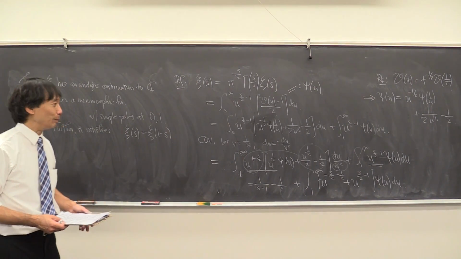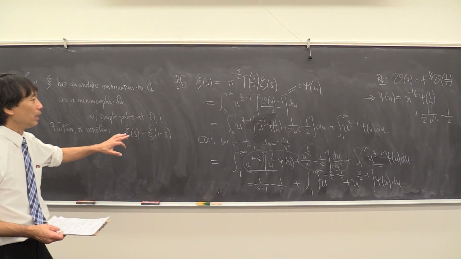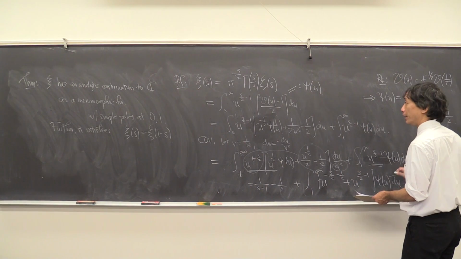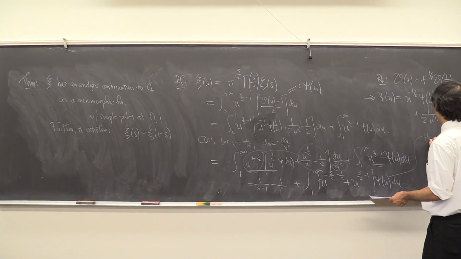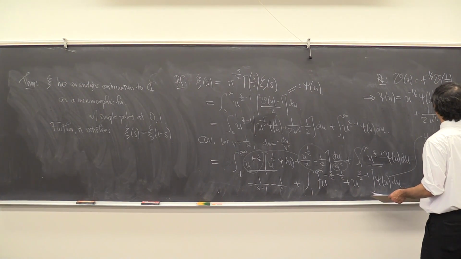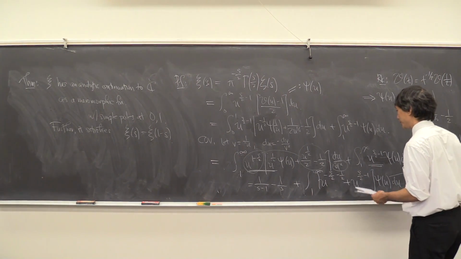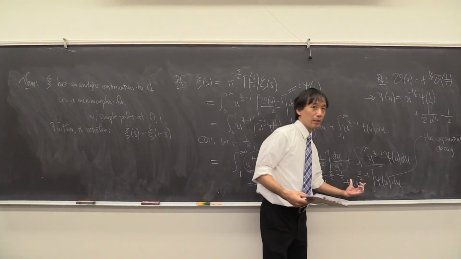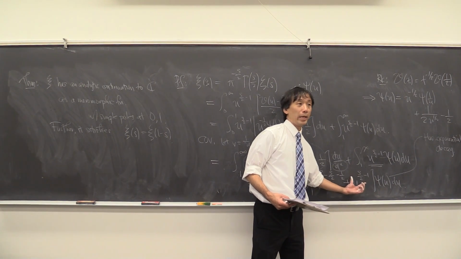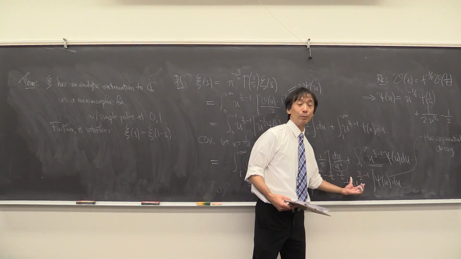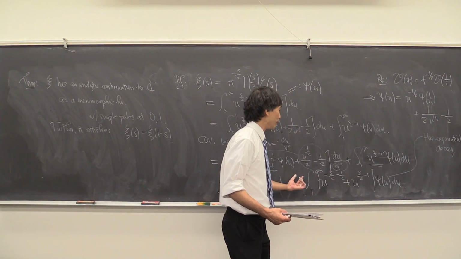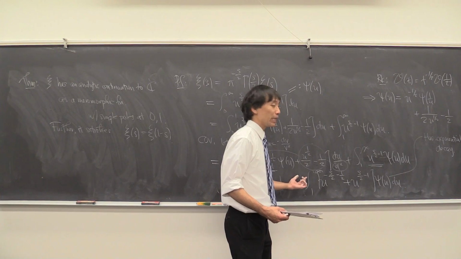Once we get to this point, this thing has exponential decay. And so if you create a difference quotient with this integrand, that difference quotient will converge uniformly because of the exponential decay. And so you can change the order of differentiation and integration.